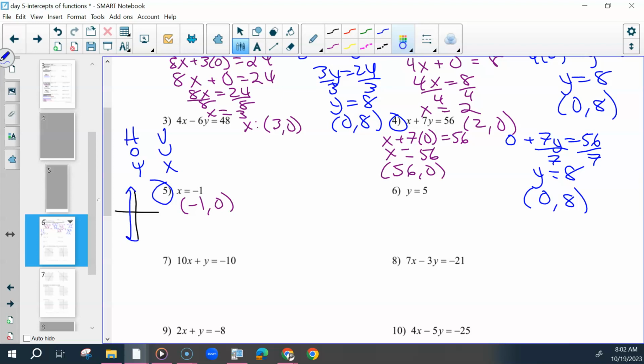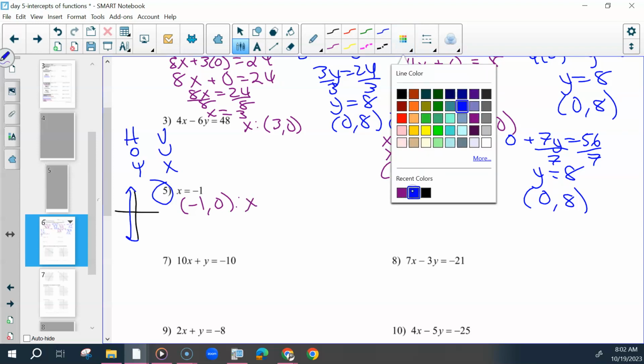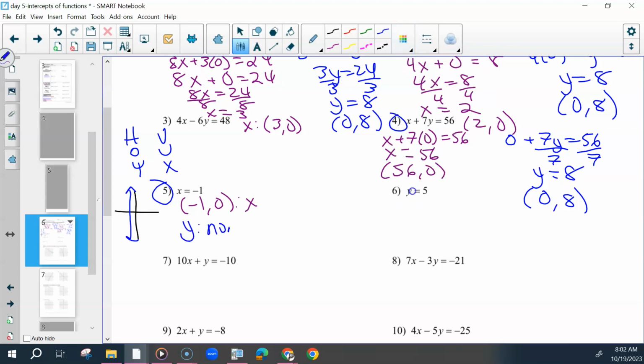Is this ever going to cross the y-axis? No. So you can put none, NA, doesn't exist. Don't put 0, because that would mean there's a y-intercept at 0. So then the opposite would be true for number 6.